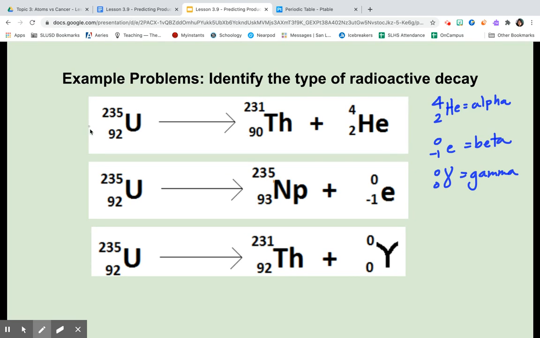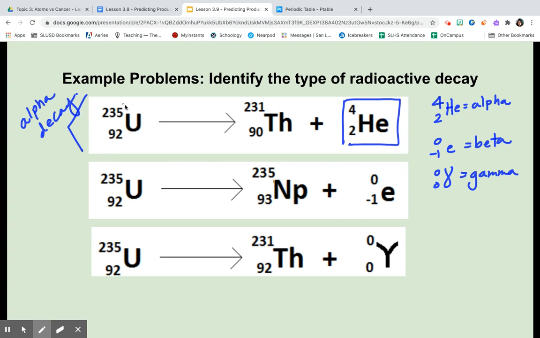Looking at my nuclear equation, especially after the arrow, I'm going to look for the particle. Here I can see that I found the symbol 4,2He, and this is the same as the alpha particle. So this first one must be alpha decay.